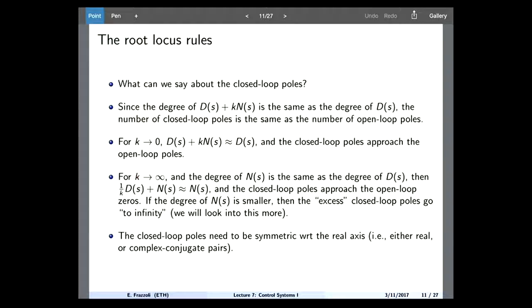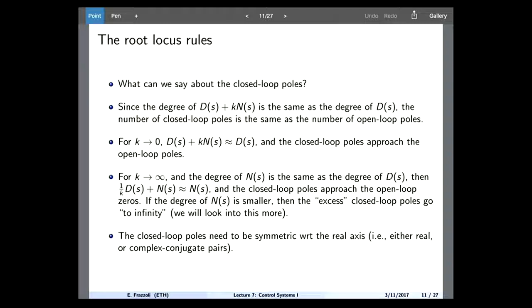The other thing that happens is, now let's do the opposite. Let's say that instead of using a very small gain or a 0 gain, we use a very large gain. In the case in which the degree of n(s) is the same as the degree of d(s), that is, the number of zeros in your transfer function is exactly the same as the number of poles, then when k is very large, this polynomial can be approximated just by your numerator.